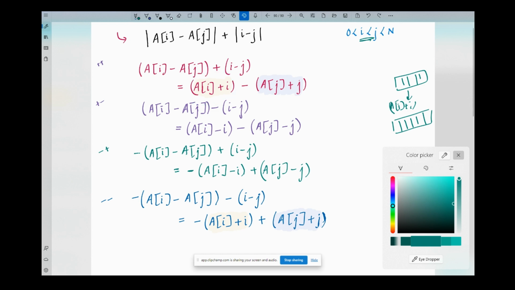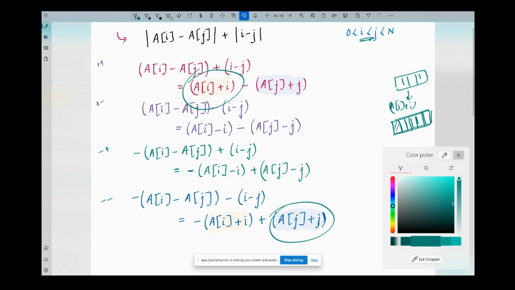In the same way, the second part of this expression also needs to be maximum. It's just vice versa, but what you essentially need to do then is maximize either this or that, the second one. Both these values will be present in the other array that we would have created.